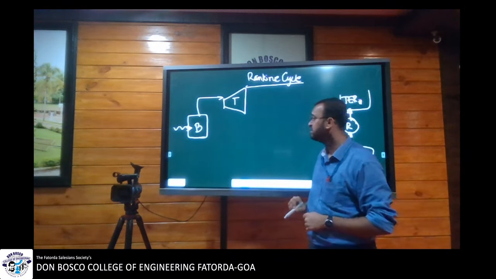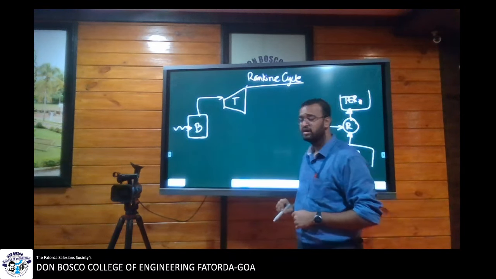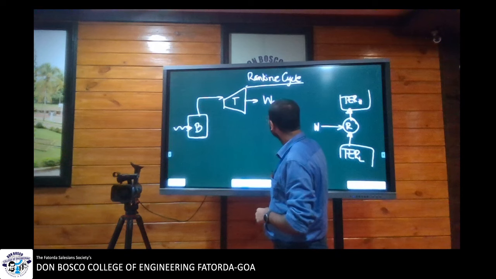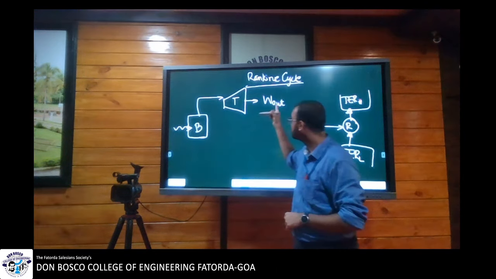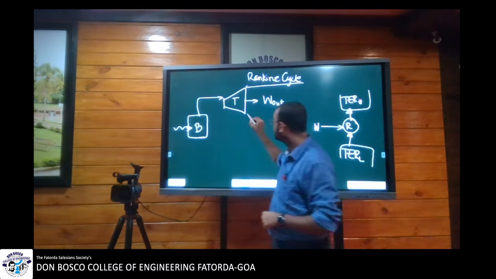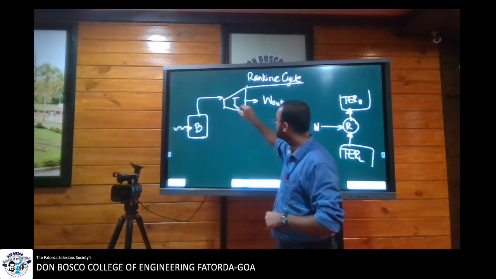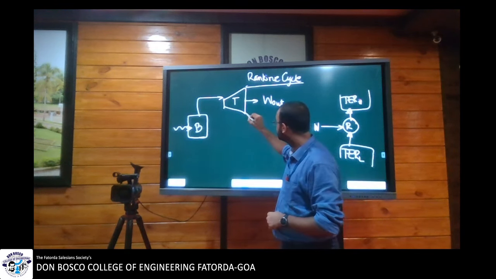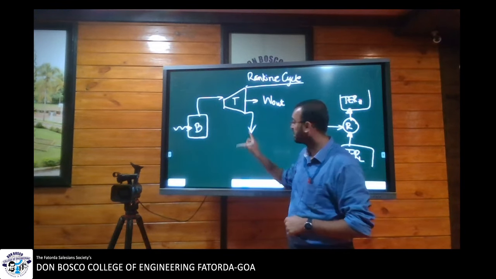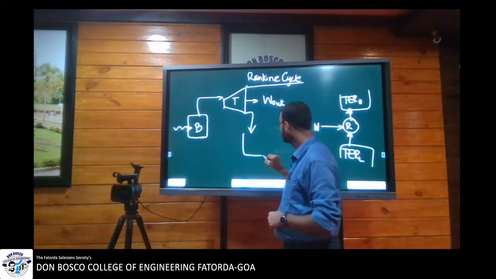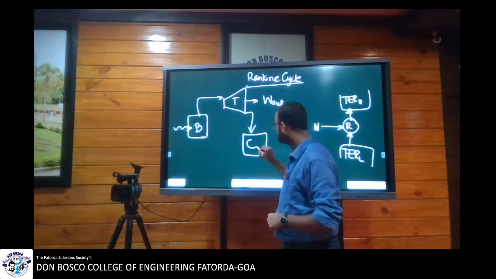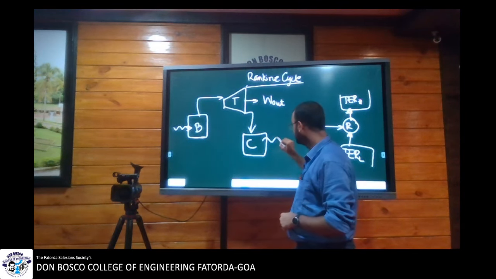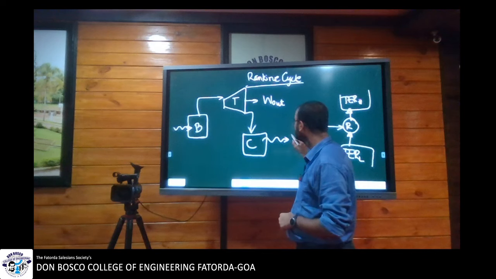Now from the turbine, you have work output, also known as shaft output, and the working fluid, now expanded to a lower pressure and lower temperature, exits and goes into a condensation device, which is again a heat exchanger. So you have a condenser which rejects the heat into the surroundings.